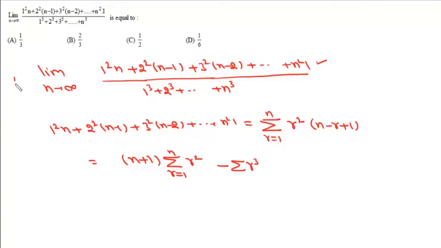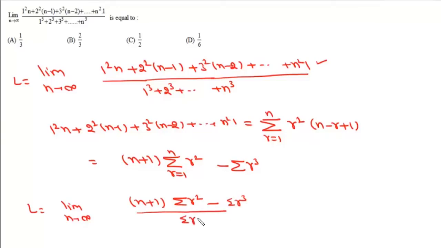So this limit, say L, will be limit n tends to infinite, n plus 1 summation r square minus summation r cube upon summation r cube. Now it will be limit n tends to infinite, n plus 1 summation r square upon summation r cube, minus 1.